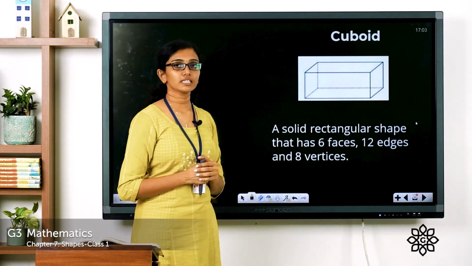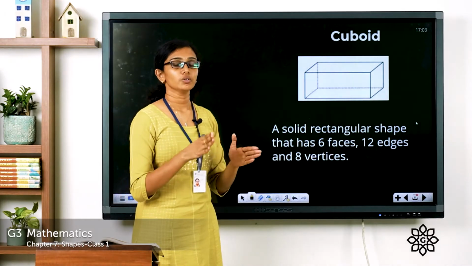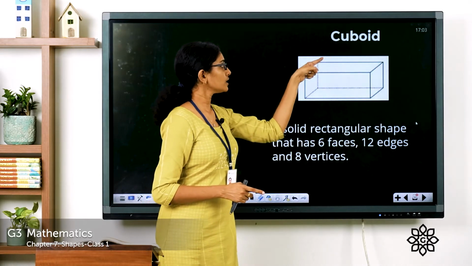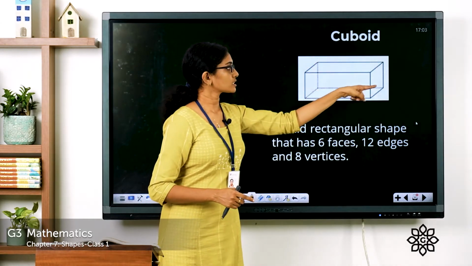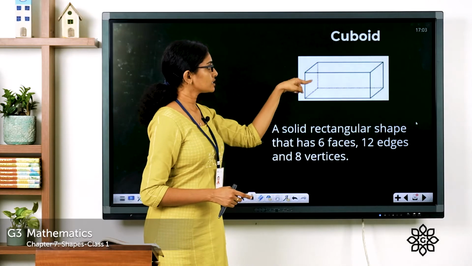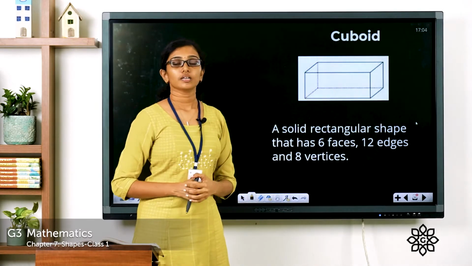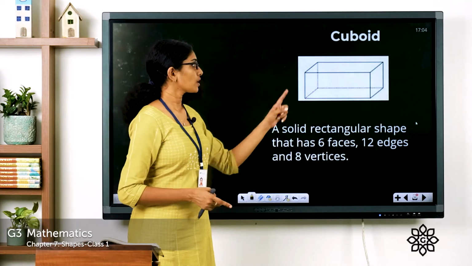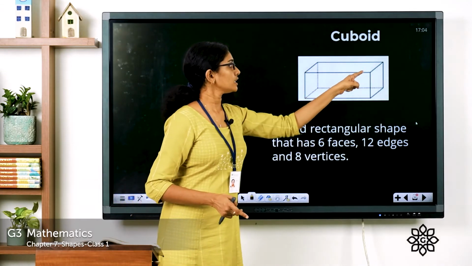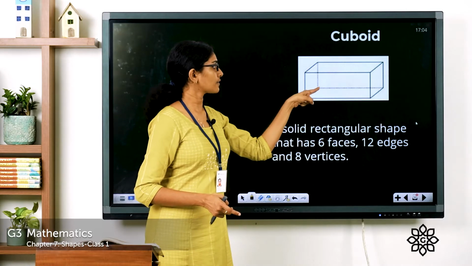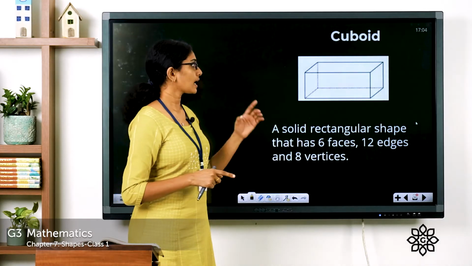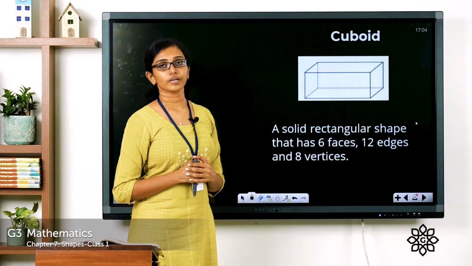These are the 6 faces, and where the faces meet, you have edges. See, one edge here, 1, 2, 3, 4, 5, 6, 7, 8, 9, 10, 11, 12. There are 12 edges for the cuboid. Now what about vertices? 1, 2, 3, 4, 5, 6, 7, 8. The corner points where the edges meet are called vertices, and the cuboid has got 8 vertices.